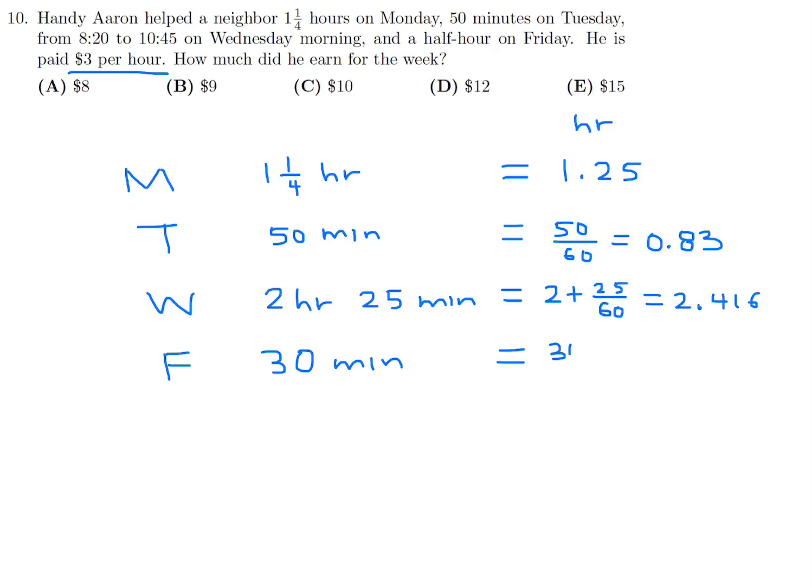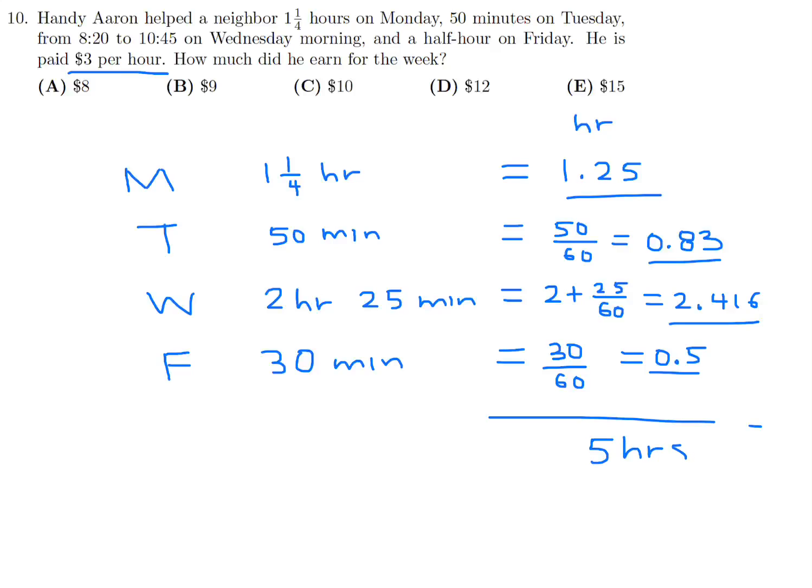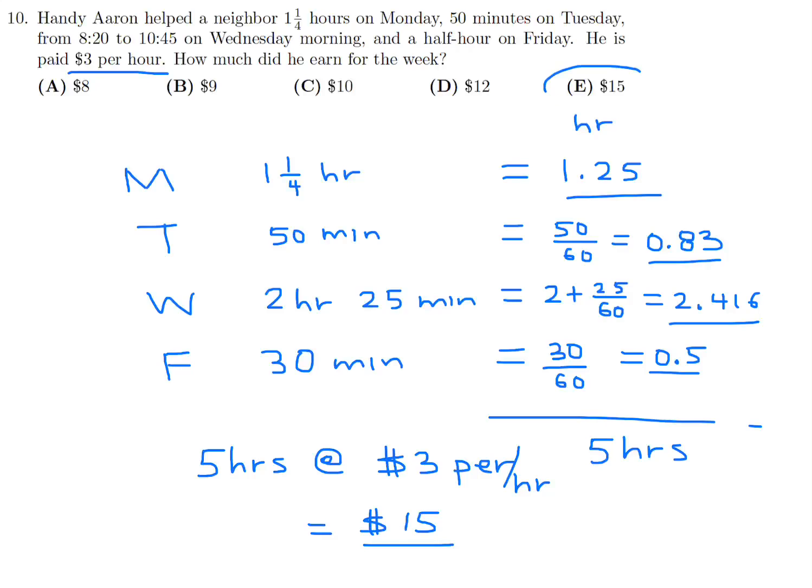And then 30 minutes is 30 over 60, which is 0.5. So add up all these and we'll get approximately 5 hours total. Now he works 5 hours at a rate of $3 an hour, and therefore he makes a grand total of $15. So number 10, the answer is E.